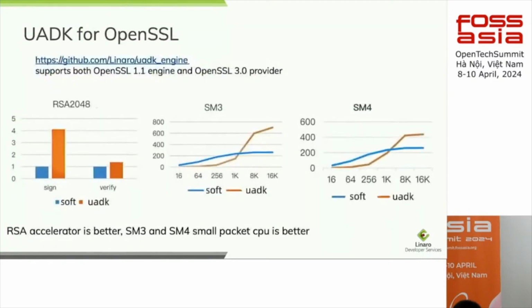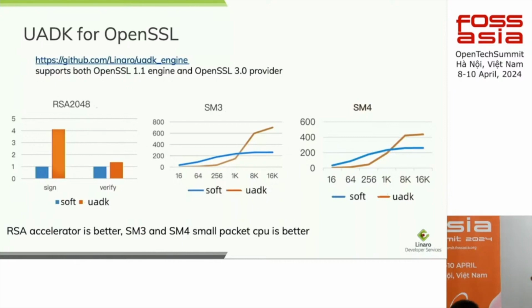This is the UADK test for OpenSSL. The blue line is software. The yellow line is using the hardware accelerator UADK. You can see the sign, for example, the left sign is much better, 4 times. The verify is a little bit better.